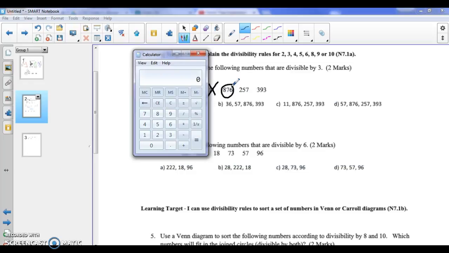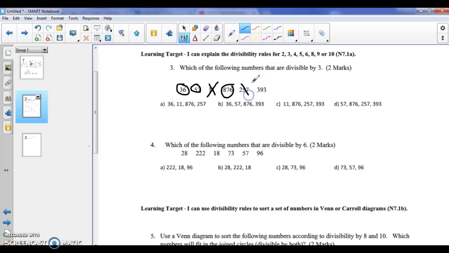How about 257? 2 plus 5 plus 7 is 14, which I know is not divisible. And 3 plus 9 plus 3, I can already tell you that will be divisible by 3 following my rule. So those are my 4 numbers here. I just need to find which one matches those, and it is B. So B is the correct answer.